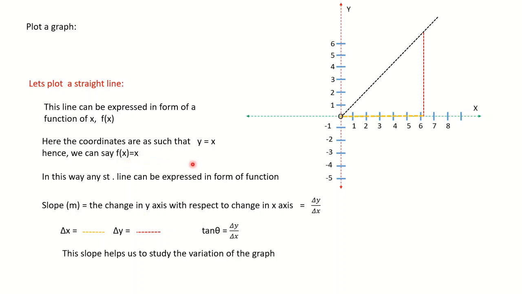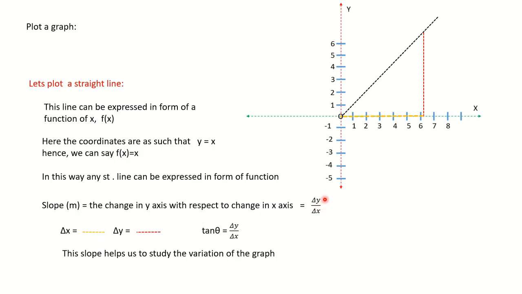Now with this straight line we draw, we can obtain the slope of this line. The slope helps in the calculation of the variation or the change of the graph with respect to the variable x or y. Now let's see how to calculate this slope. The slope, designated as m, is the change in y-axis with respect to change in x-axis.